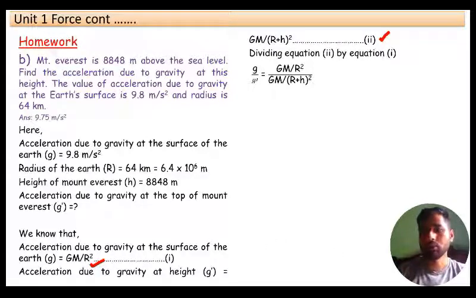So g by g prime is equal to R plus H whole square by R square.